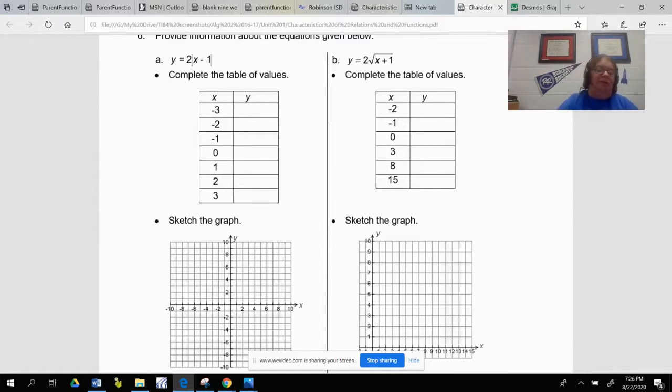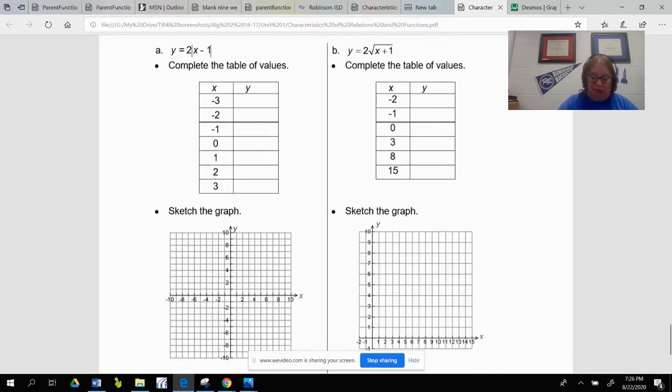I don't know if you guys were able to print this out or if you're writing it down on paper or if you're just watching the video. Any of those ways is fine as long as you understand how to navigate around these, what these words mean, how to answer these questions.